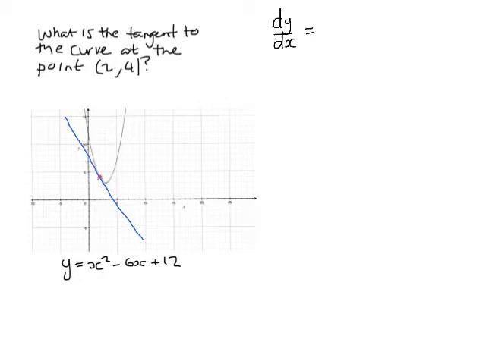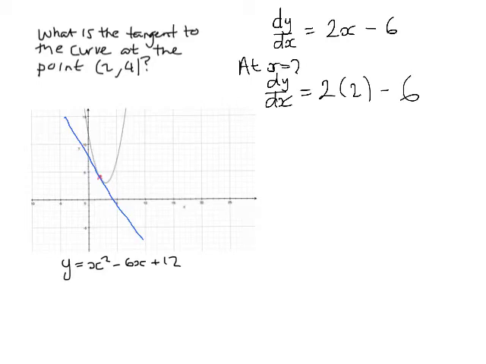So when we differentiate, we get dy/dx equals 2x minus 6. And now we need to substitute in x equals 2. At x equals 2, our derivative, our gradient function, is 2 times 2 minus 6, which is 4 minus 6, which is negative 2.